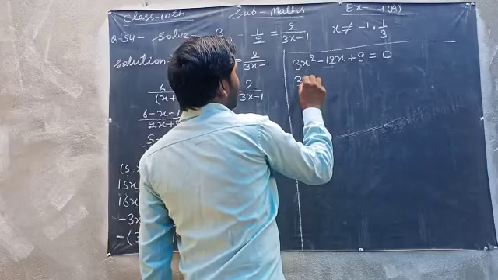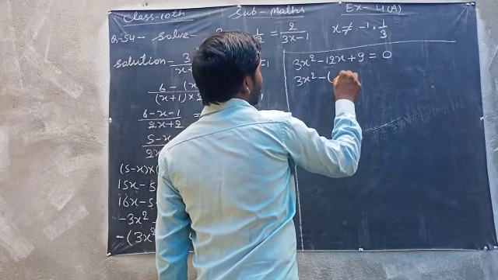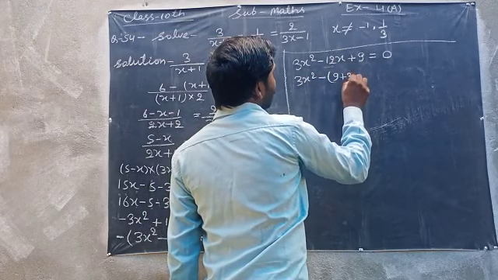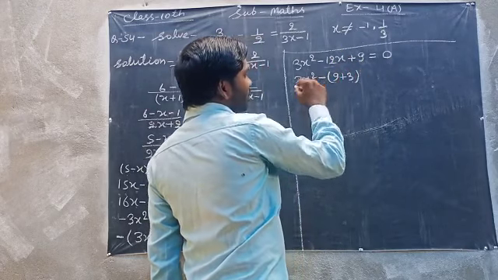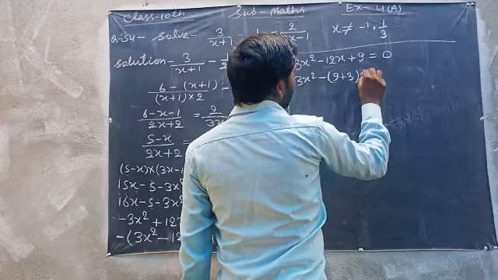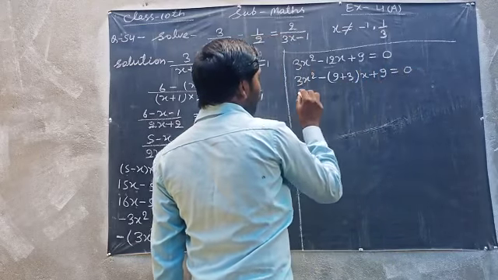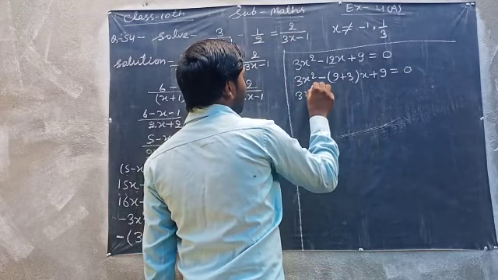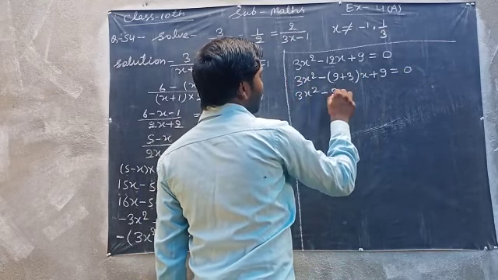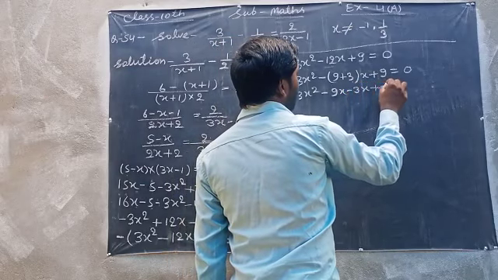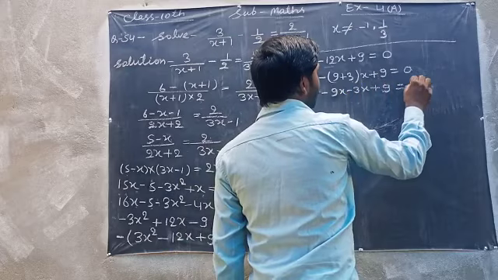So it will be 3x square minus, in place of 12 we will put 9 plus 3, because 9 3s are 27: 3x square minus 9x minus 3x plus 9 is equal to 0.